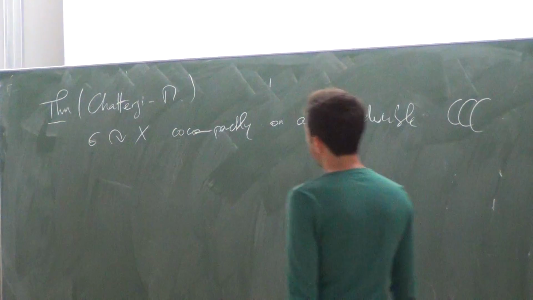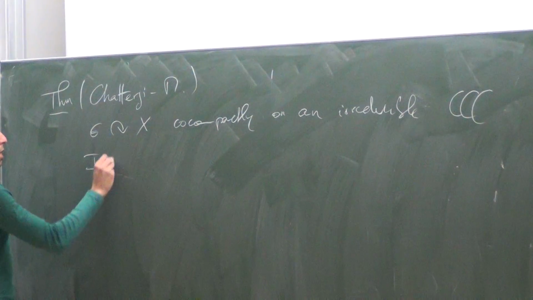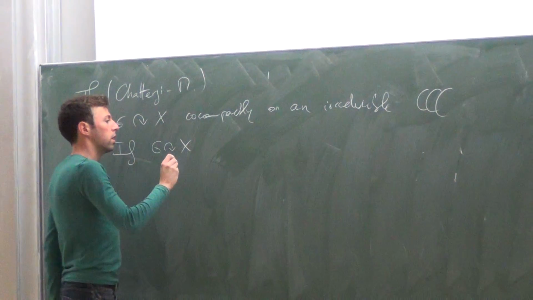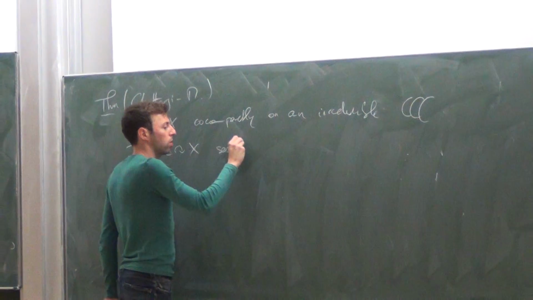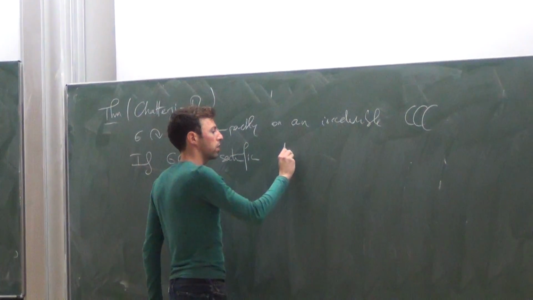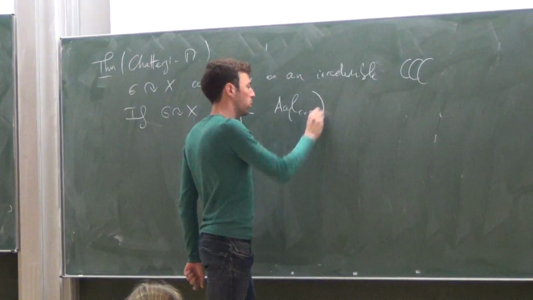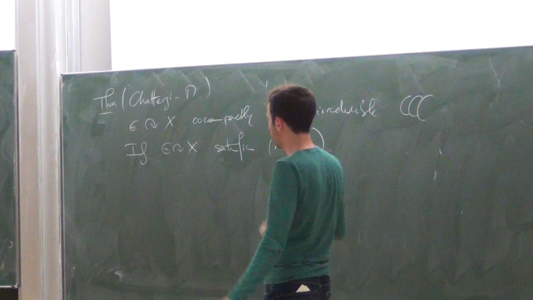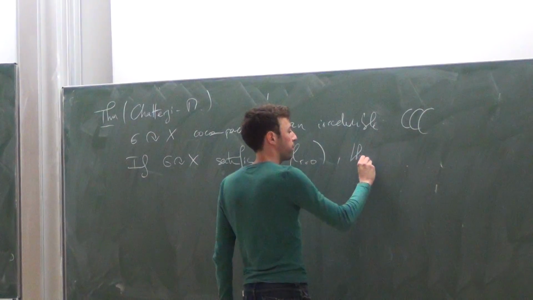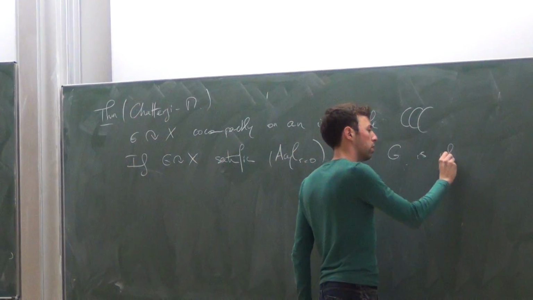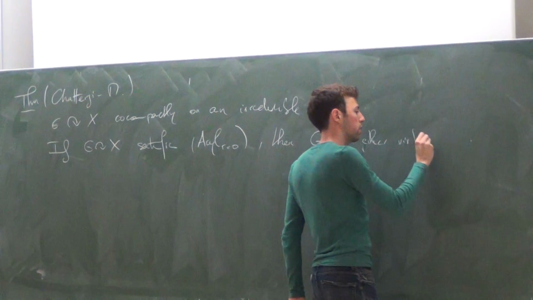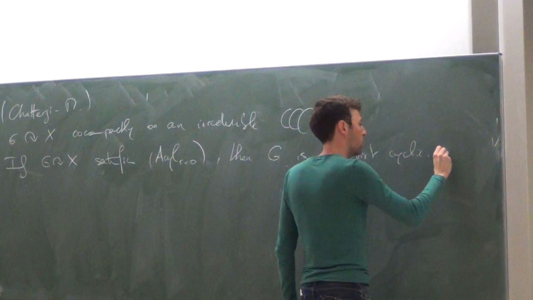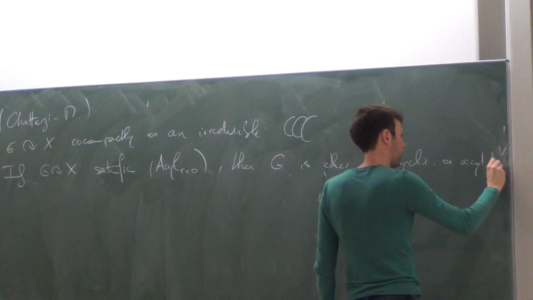If the action satisfies what's called weakly acylindrical, so that's the weakening at r equals 0. So if you're far apart, then the intersection of pointwise stabilizers is trivial. Then your group is either virtually cyclic or acylindrically hyperbolic.